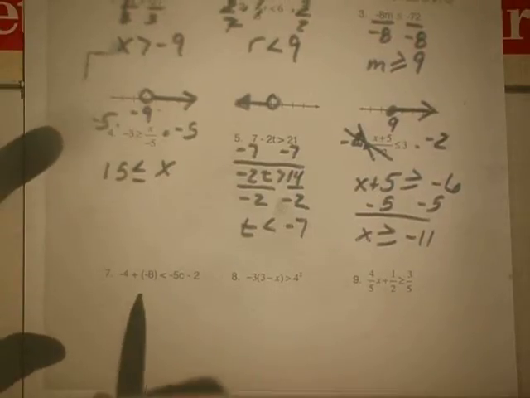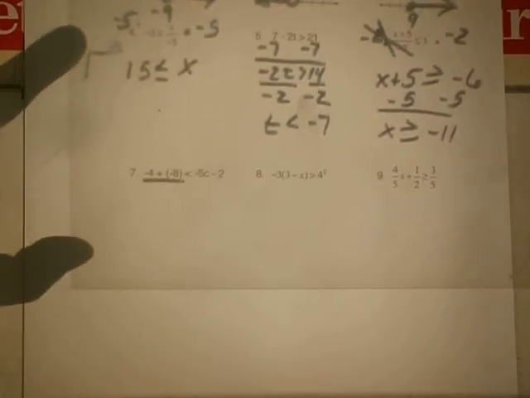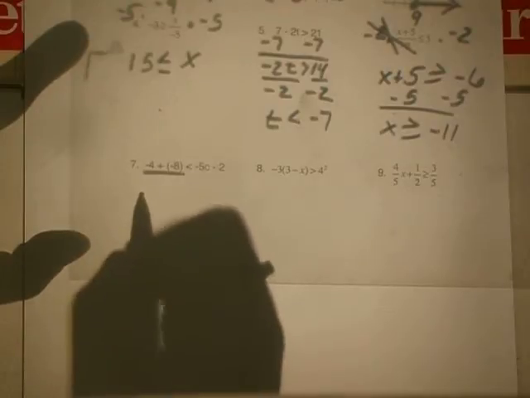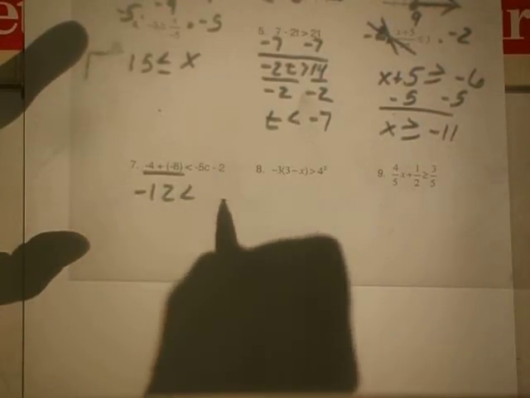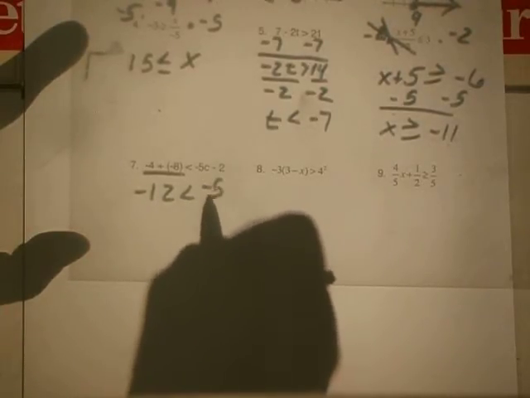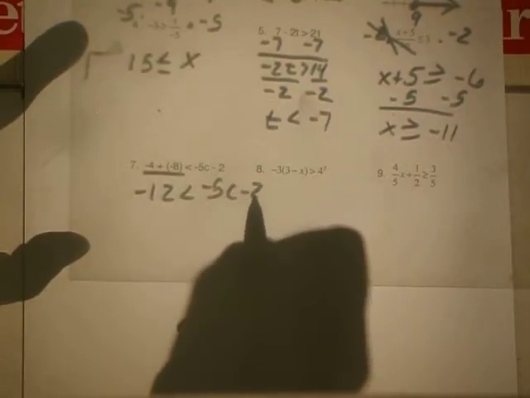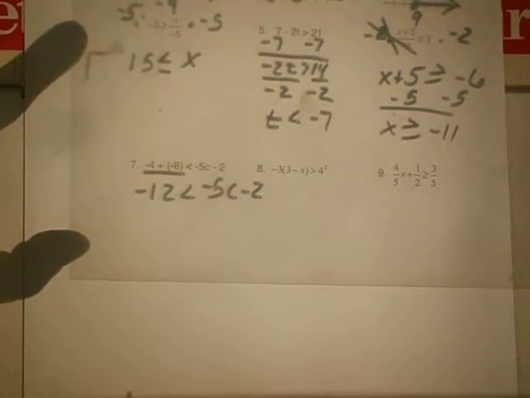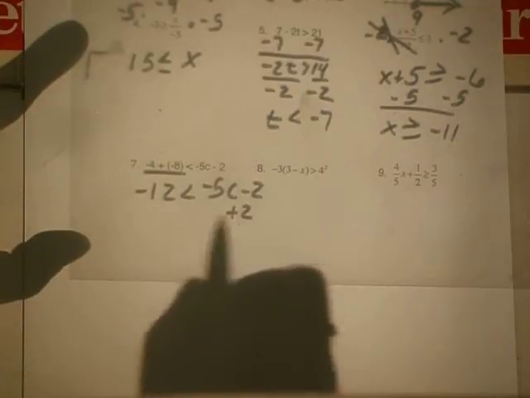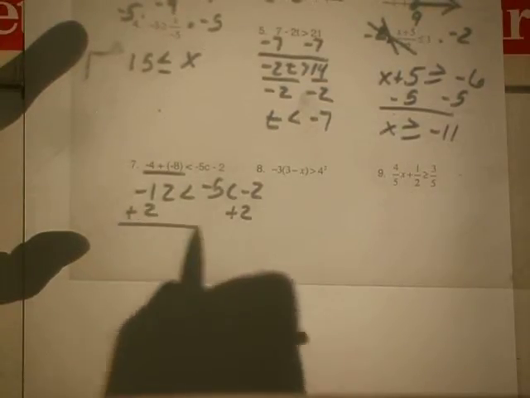Number 7, we need to combine these like terms. Negative 4 plus negative 8 is a negative 12. On the right hand side, you will have a negative 5c minus 2. To solve that, you will add 2 to both sides.